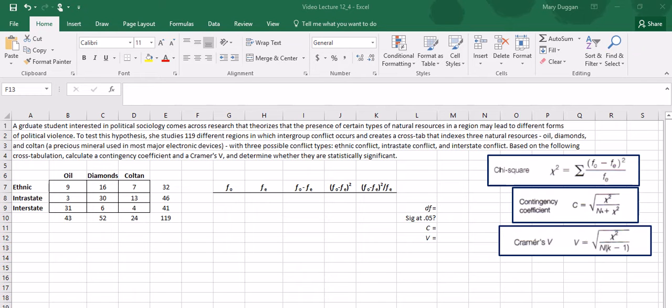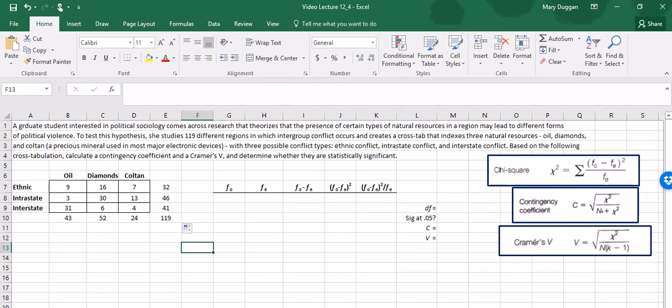To illustrate how the contingency coefficient works, I will use the following problem from your textbook. A graduate student interested in political sociology comes across research that theorizes that the presence of certain types of natural resources in a region may lead to different forms of political violence.